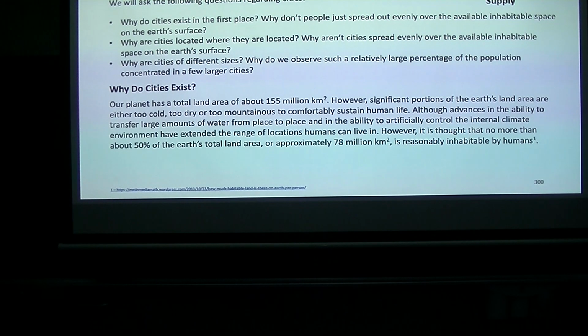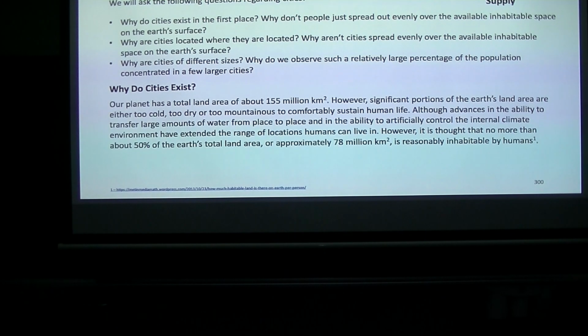I started talking about cities and urbanization, and I'm going to talk a bit about that because I want you to understand some very clear things about why you observe certain spatial patterns in the urban environment.